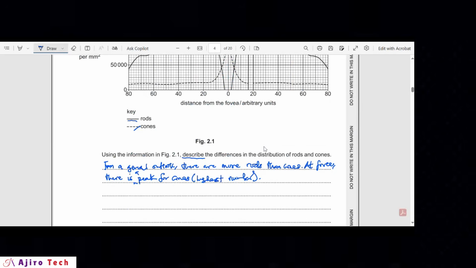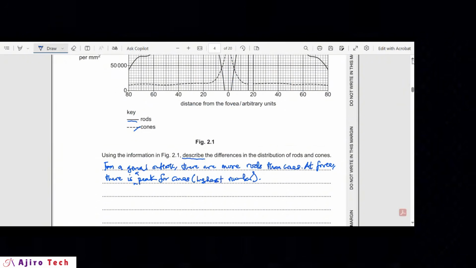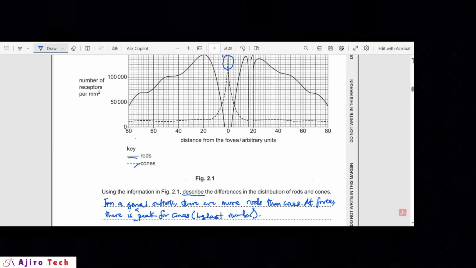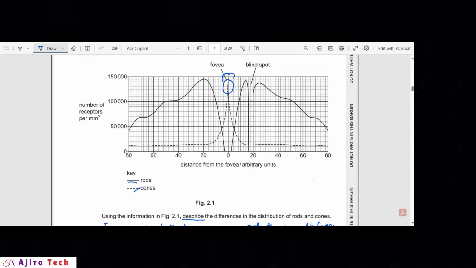Another thing we see here is that on both sides of the fovea, we have the rods peaking or increasing.